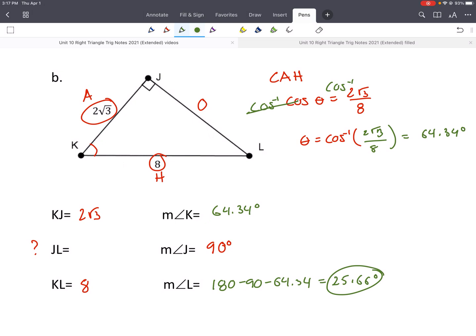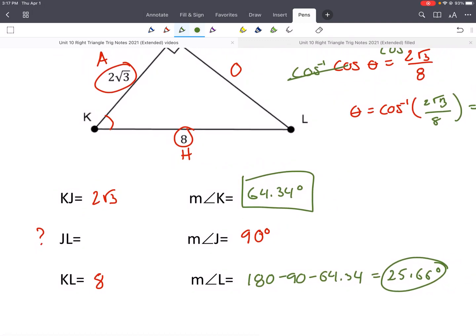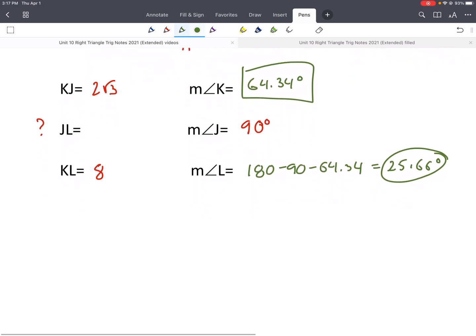Now we have the two missing angles, and we need to find the side. You could use the Pythagorean theorem, or you could use trig some more. Since we don't know these angles exactly, it might be nice to use the Pythagorean theorem so we have an exact answer.